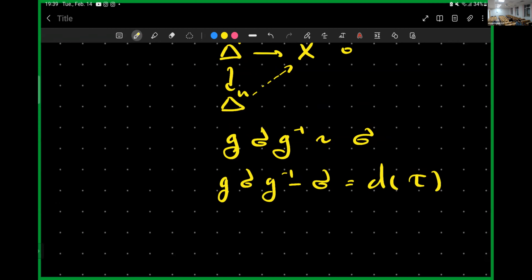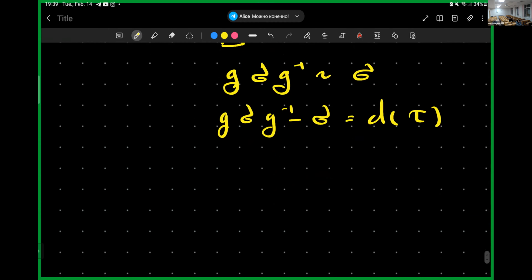We want to know why H acts identically on the derived functors of the functor of covariance. Well, first of all, let's look at the functor of covariance itself.